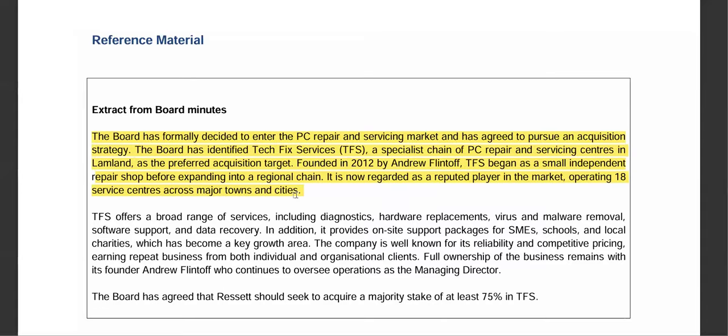And it appears that it is a private entity because it began as a small independent, it appears to be a small company, and definitely something that we could pursue in terms of an acquisition. TFS offers a broad range of services, including diagnostics, hardware replacements, virus and malware removal, software support, and data recovery.